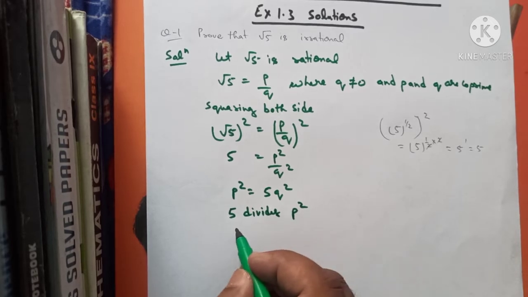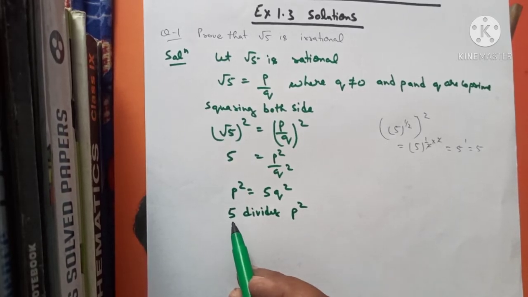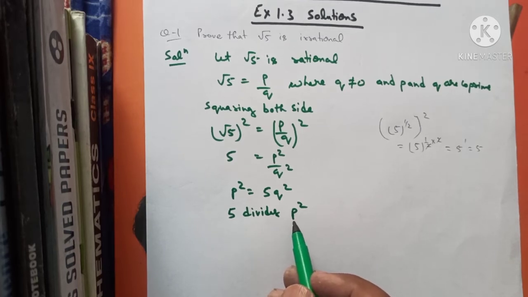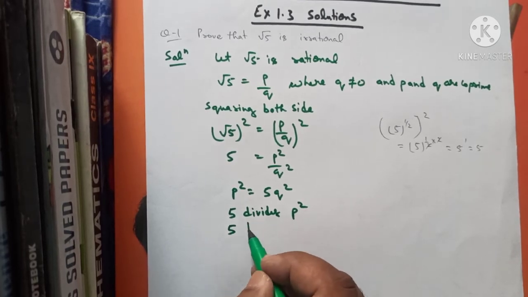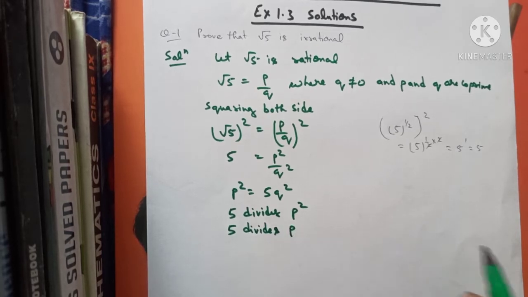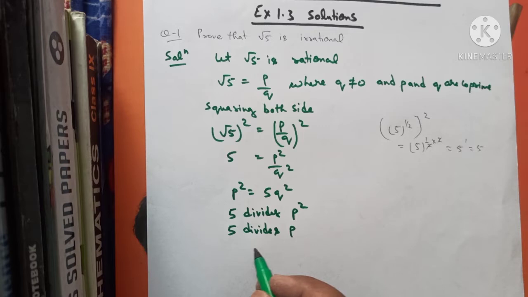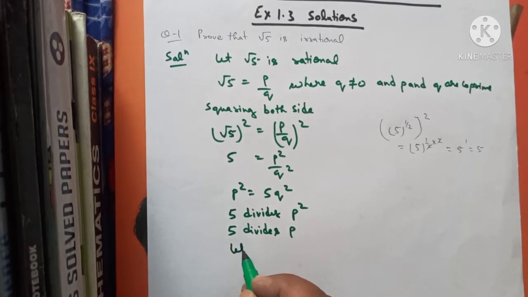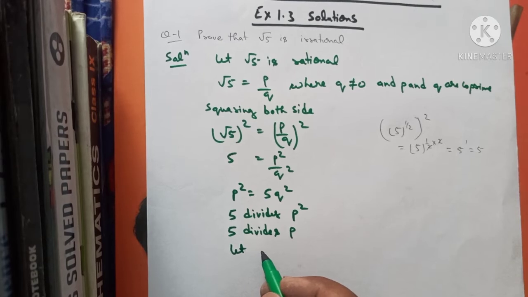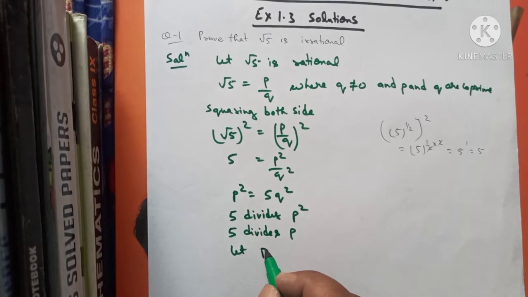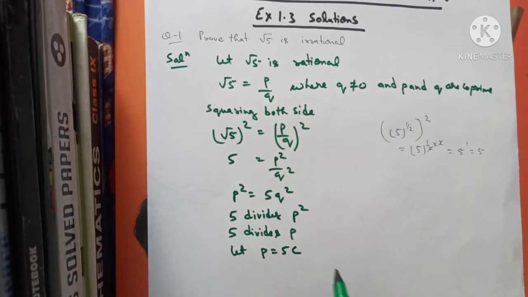And by the theorem we know that if any prime number divides the square of an integer, then that prime number will also divide the integer itself. Now again, if 5 is a factor of p, let the other factor of p be c, then let p is equal to 5 times c.